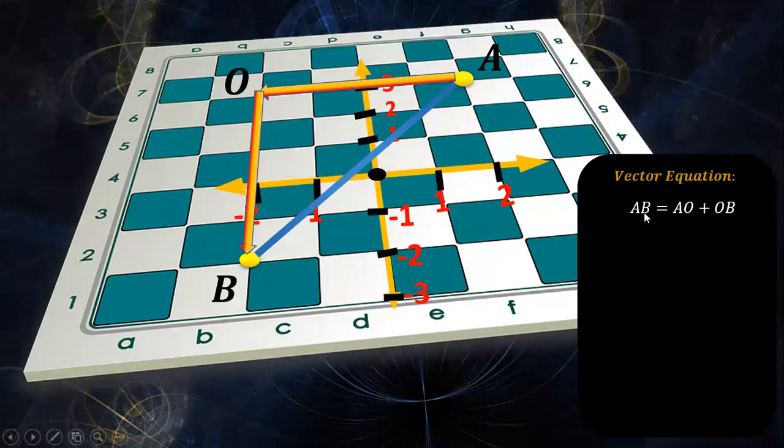So AB is from A to O and then from O to B. A good way to execute the triangle law of vectors is to remember that the first letter here should be the first letter here. The last letter here should be the last letter here. And the letters on either side of the plus sign should be the same. That will help you a great deal in figuring out the triangular law of vectors.